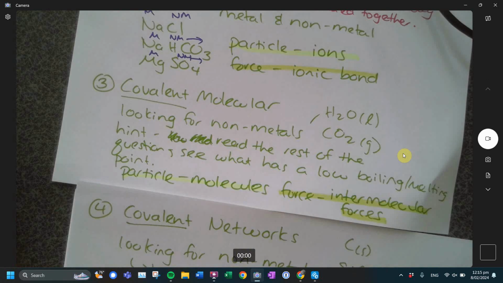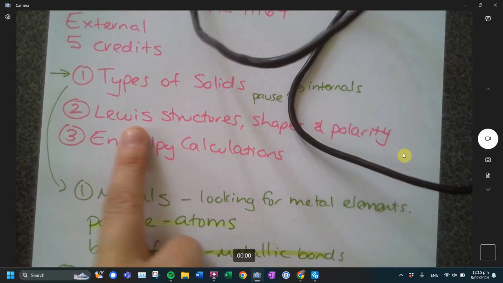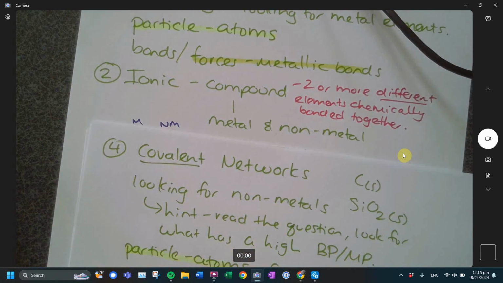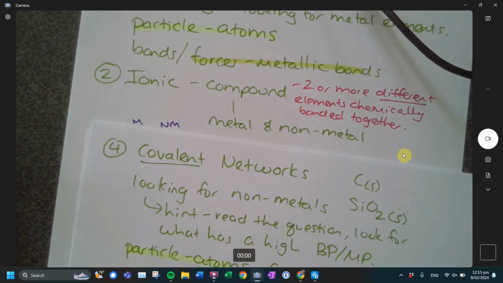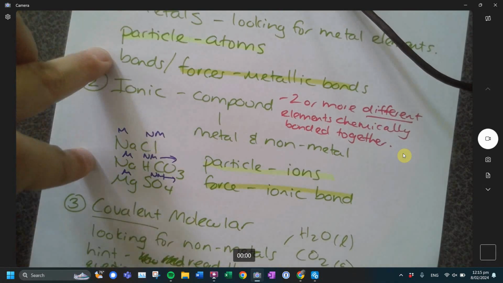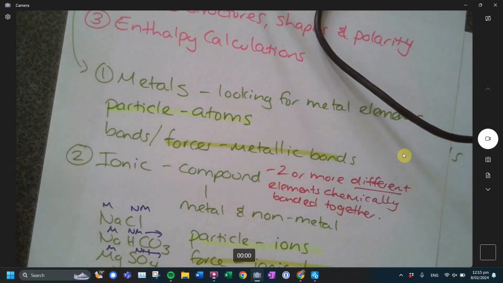We're actually going to do that later. The reason why is because this covalent molecular ties in with this question here, and then this covalent network, I can tie it into an internal. That's optional. Okay, so we're just going to do these first two, and these two are probably the easiest to understand anyway. All right, any questions?